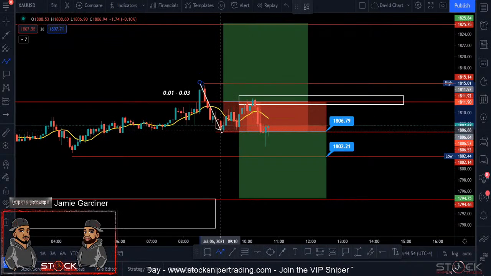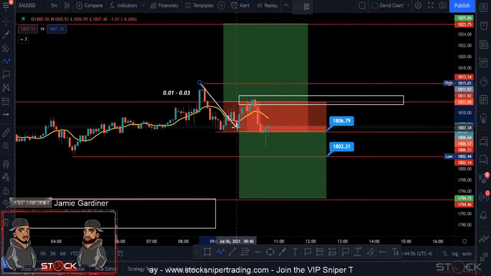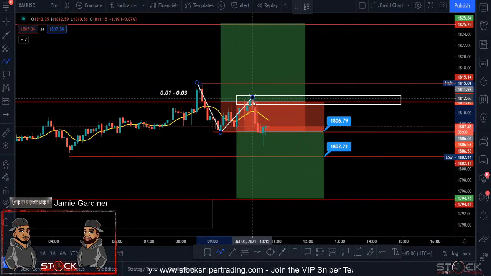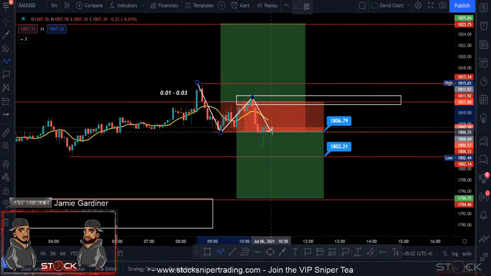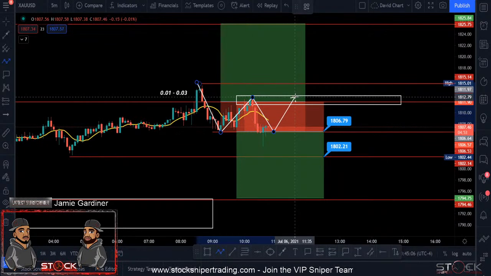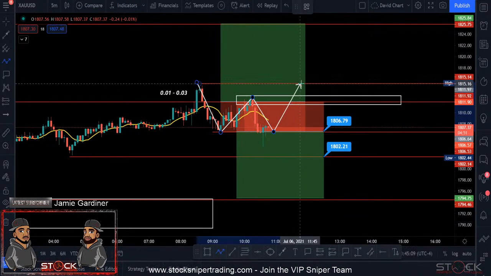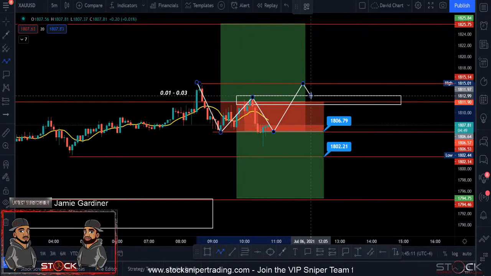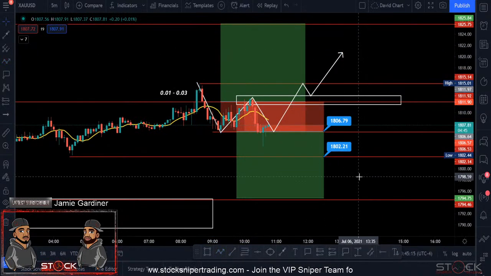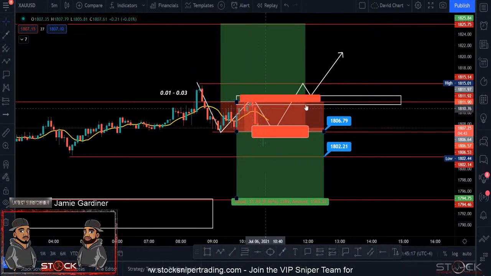Usually the double bottom would have been right there, the neckline would break. I'm looking at right here now. So, bam, now we have a potential neckline here. If it starts to hold here, look for it to come up here and then start to test this area again. If it does, we might get a breakout here for a retest with the continuation. But price has to get up here.